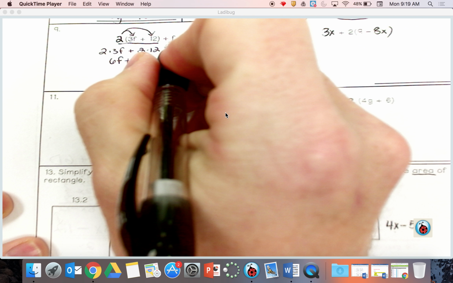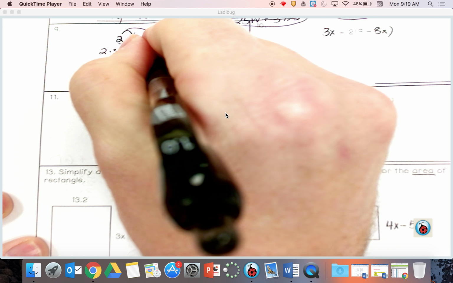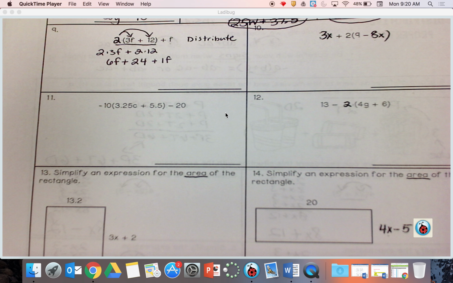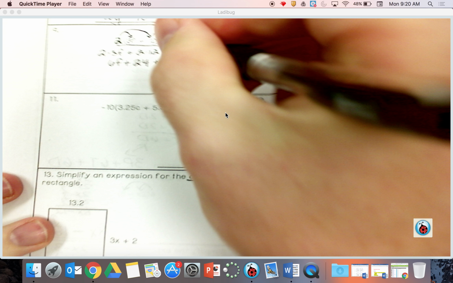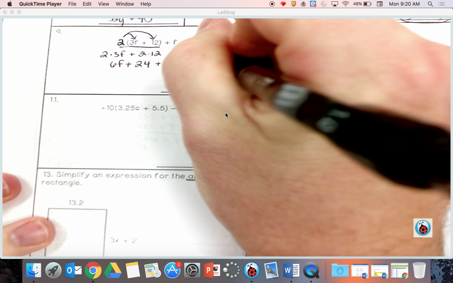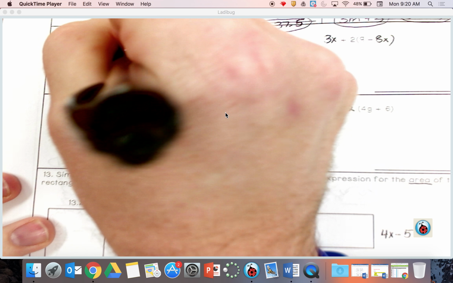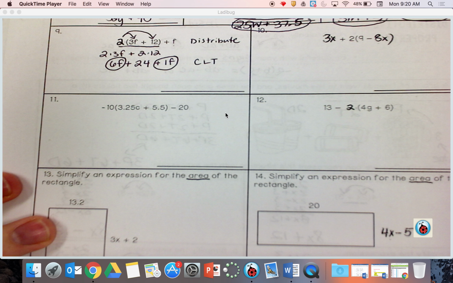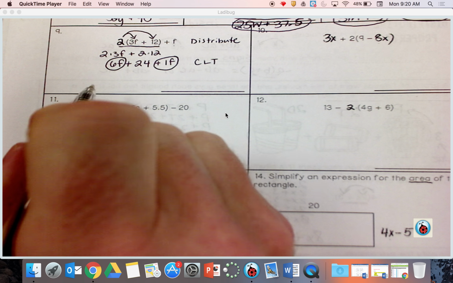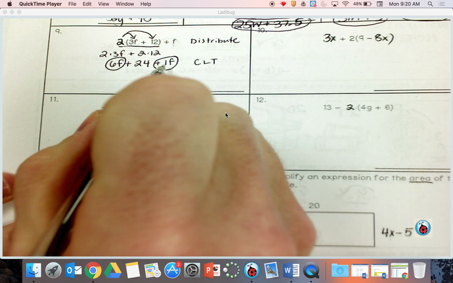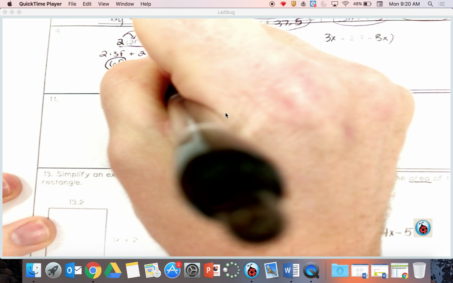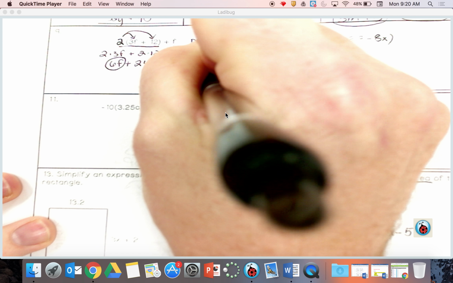But remember, I have this f also that is left, and that's 1f, if you want to think about it. But now I'm not done yet, because I can still clean it up more. I'm going to combine my like terms now, and my terms that I'm going to combine are my 6f and my 1f. When I do 6f plus 1f, it's going to give me 7f plus 24.